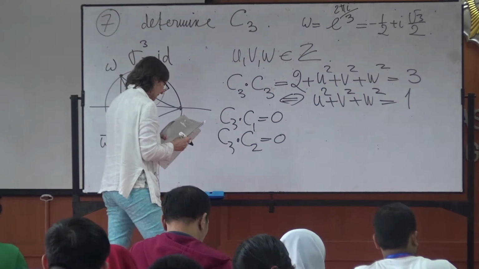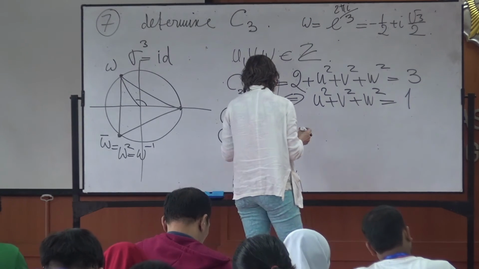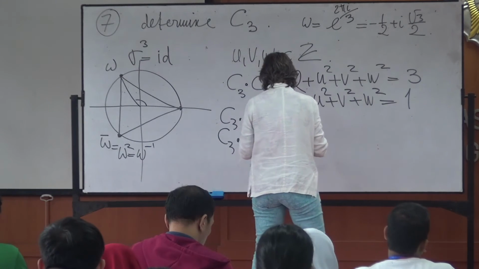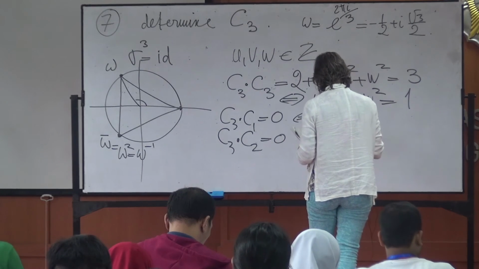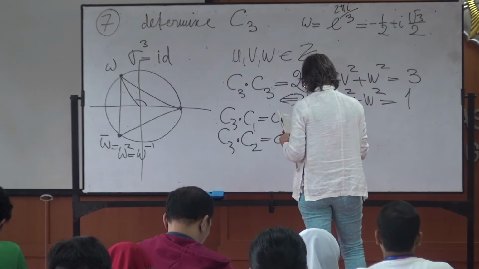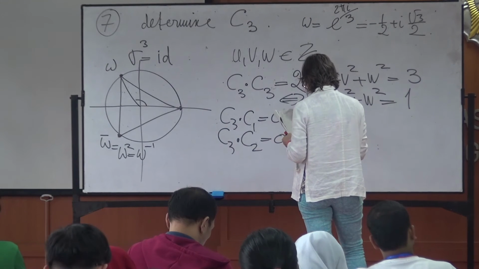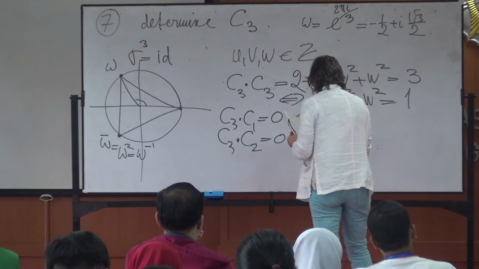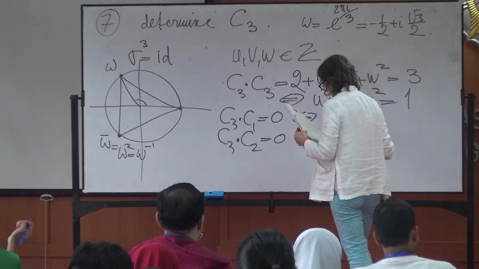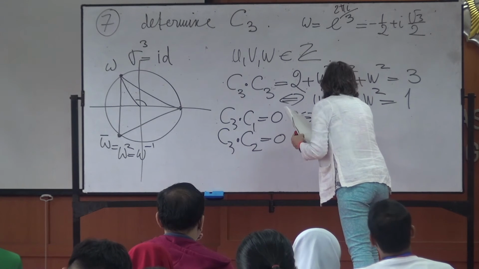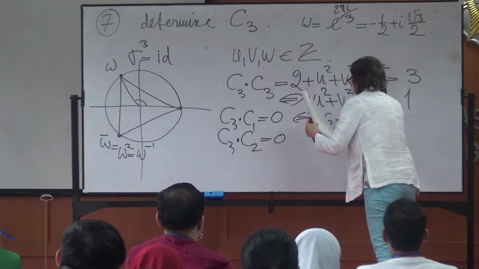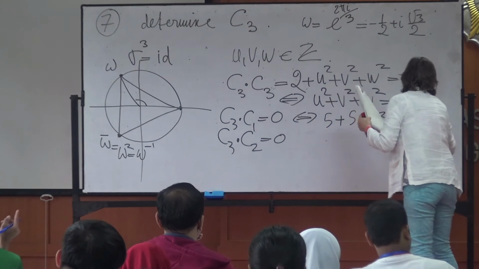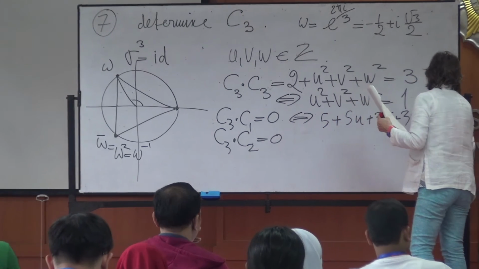So now we find that this tells us that 5 plus 5u plus 3v plus 3w is equal to 0.